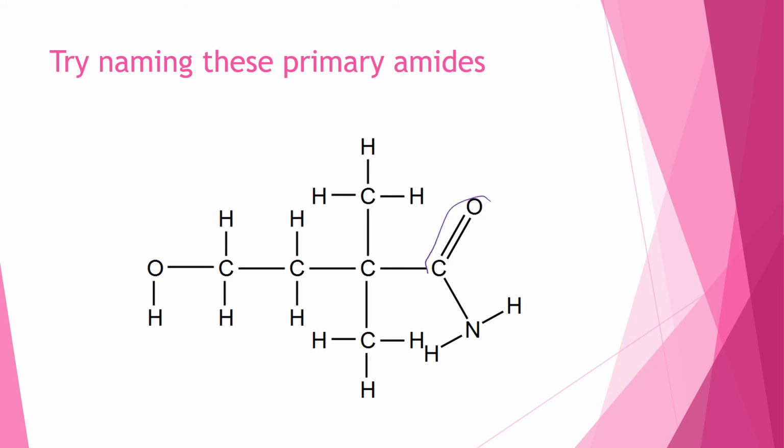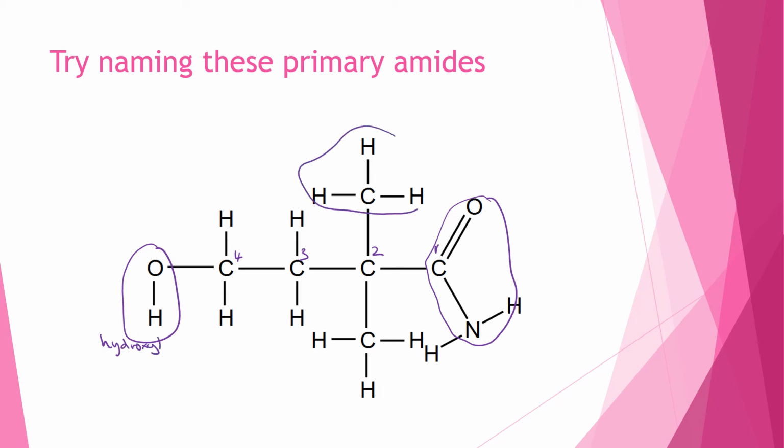Try the next one, stop the video, have a go. So here is our amide group, so that's carbon number 1, 2, 3, 4. We have a hydroxy group in prefix, and then we have a methyl group and a methyl group. So it's butanamide.